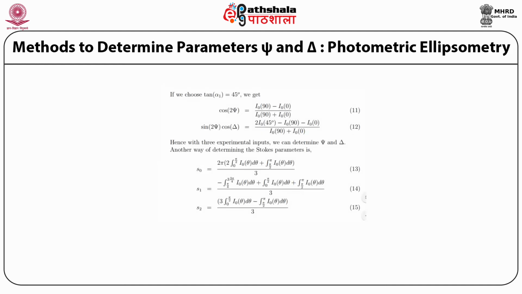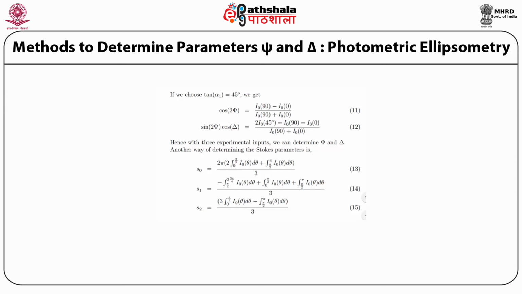If we choose tan alpha 1 equal to 45 degrees, then we get cos 2ψ equal to (I₀ at 90° minus I₀ at 0°) divided by (I₀ at 90° plus I₀ at 0°).